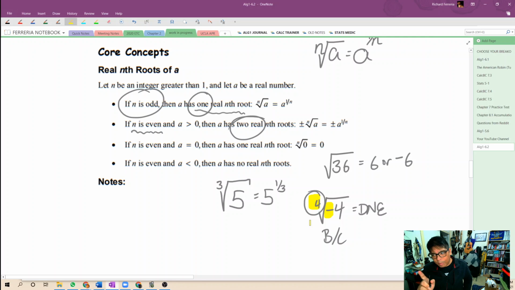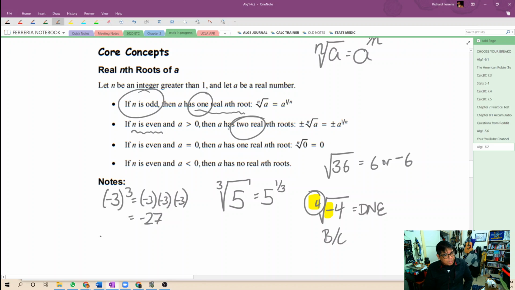Now I got to remind you that it doesn't always work. A negative inside the radical doesn't necessarily mean does not exist. For example, we know that -3 to the 3rd power, what does that equal to? That's -3 times -3 times -3 again, which is equal to -27.